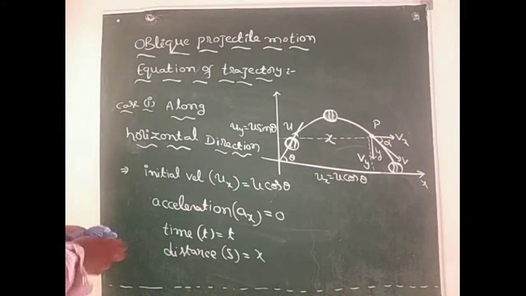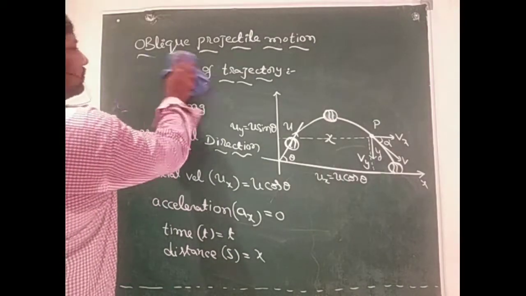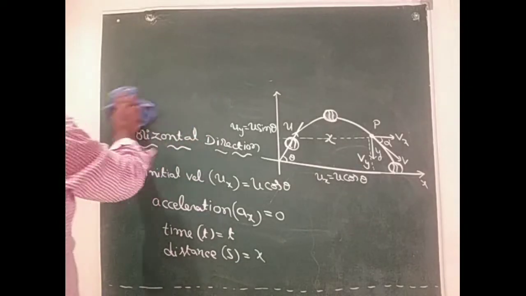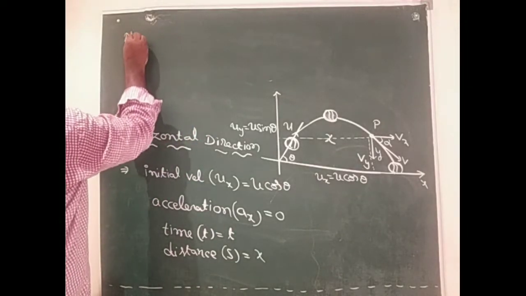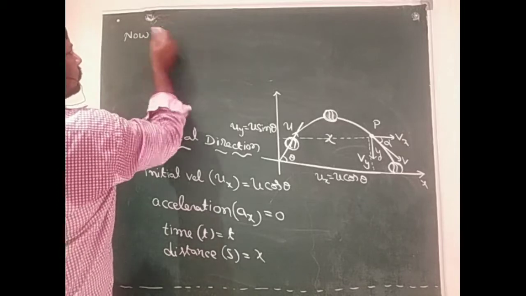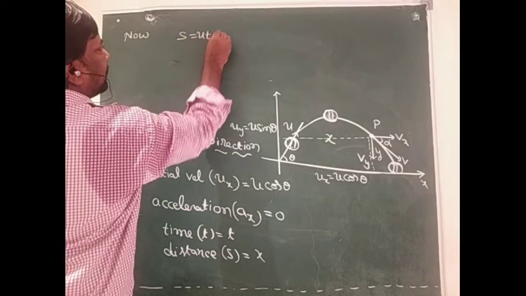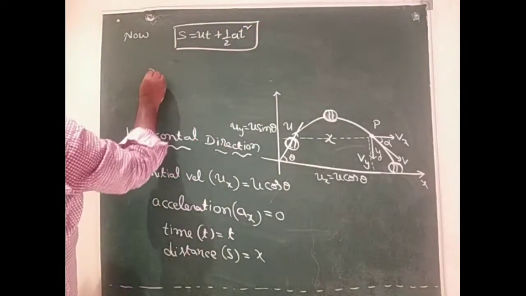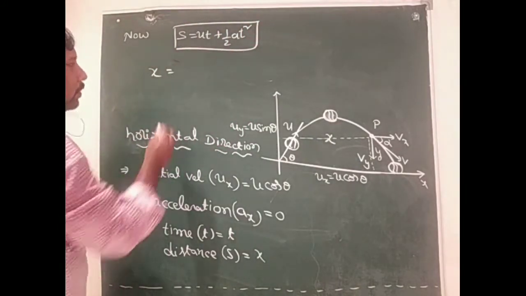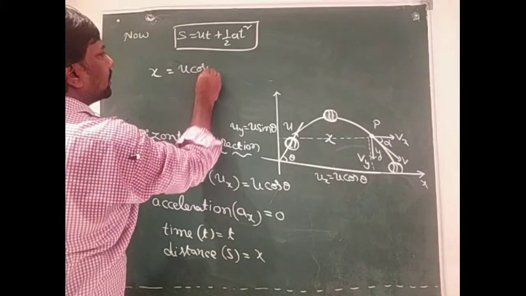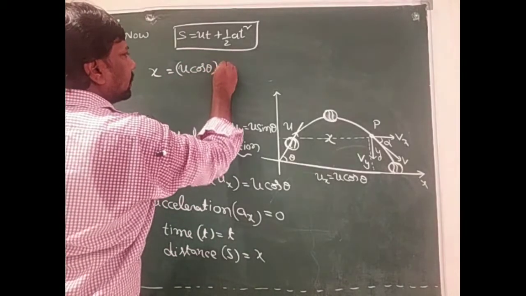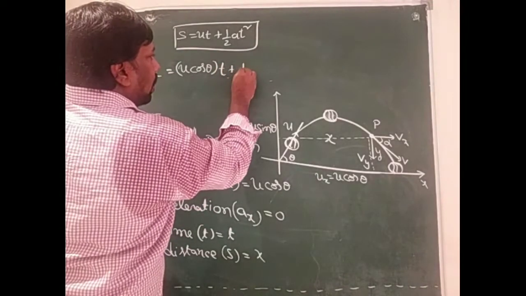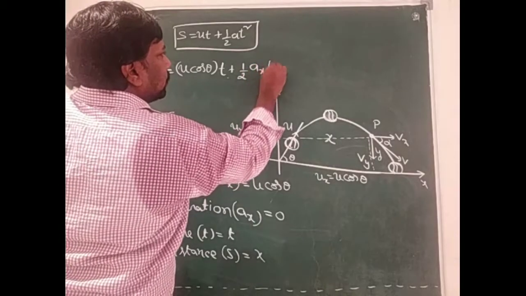Now using the equation s equals ut plus half at square, here s is treated as x. Here ut means u cos theta into t, plus half ax into t square.